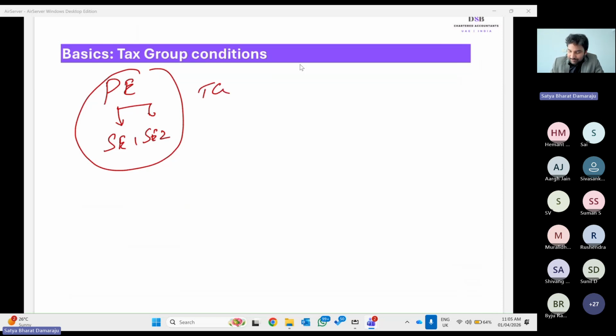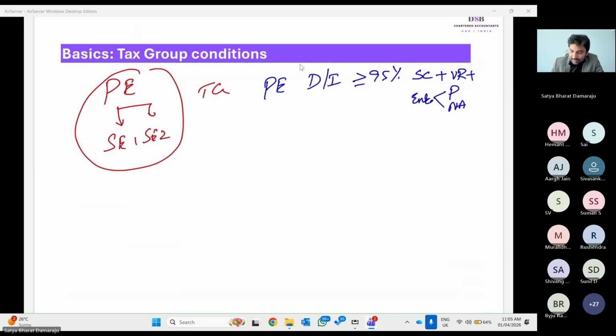Condition 1: the parent entity, directly or indirectly, should hold 95% or more of the share capital plus voting rights, and should be entitled to the profits and net assets. Condition number 2: they should have the same accounting standard.